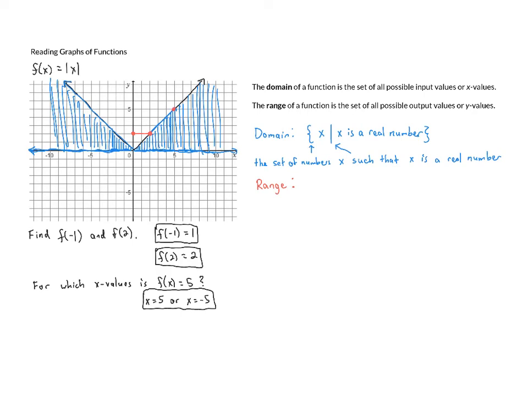If we look at this point up here, and we ask what's its y value, we can see that 5 is the y value. So 5 is part of the range. And if we look at these points in between, we can see that they correspond to y values ranging between 2 and 5. So we know that all of those numbers are part of the range.